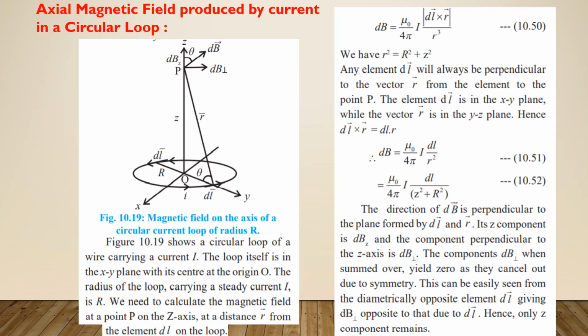Further, the direction of dB bar is perpendicular to the plane containing dl bar and r bar. That dB bar can be resolved into two mutually perpendicular components, one component along z-axis and the other component perpendicular to z-axis.